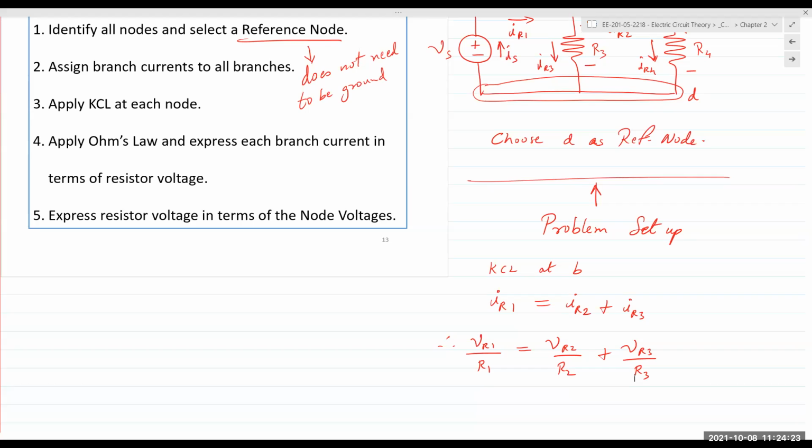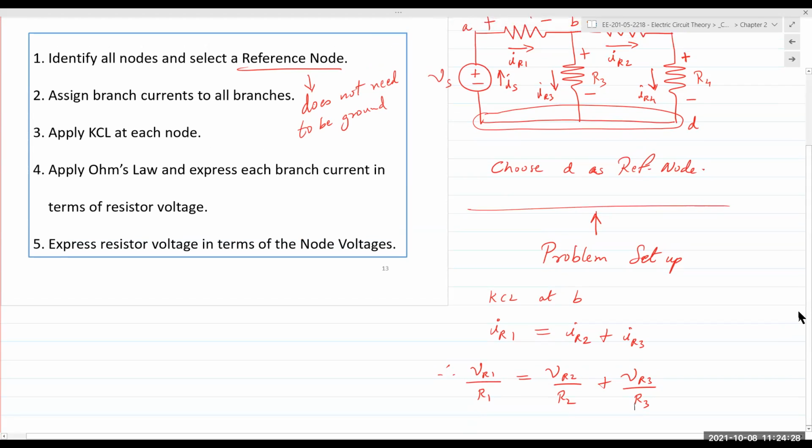R1 is connected between A and B. So VR1 is VA minus VB.